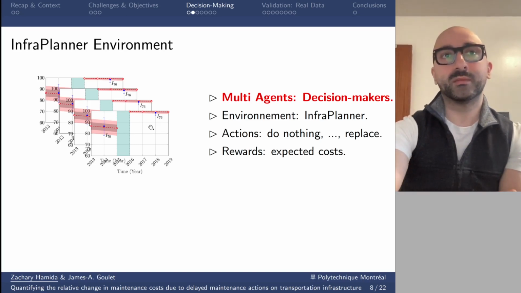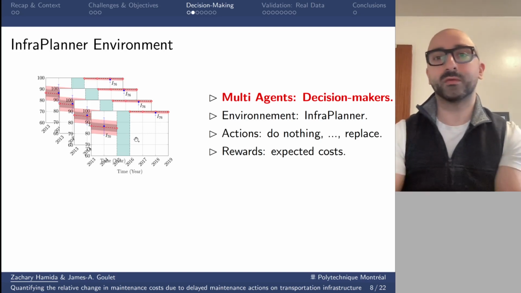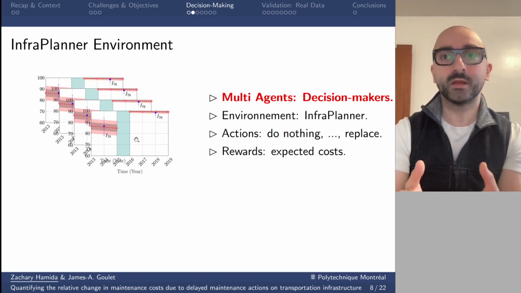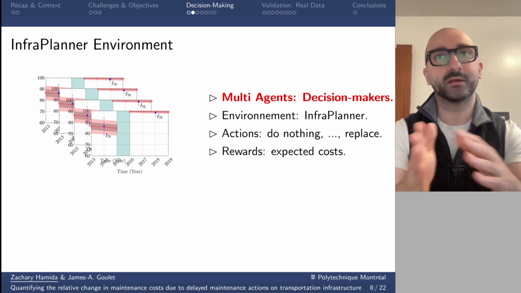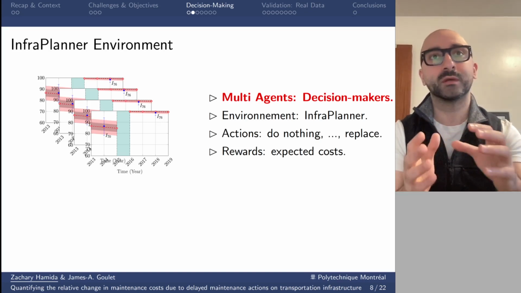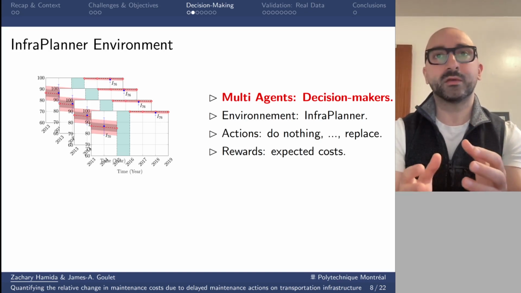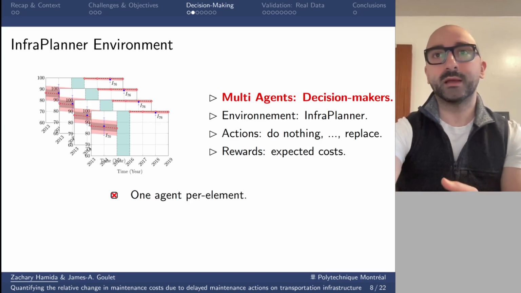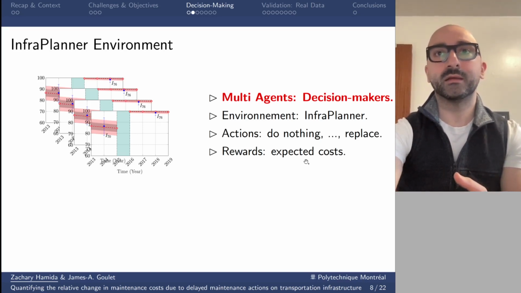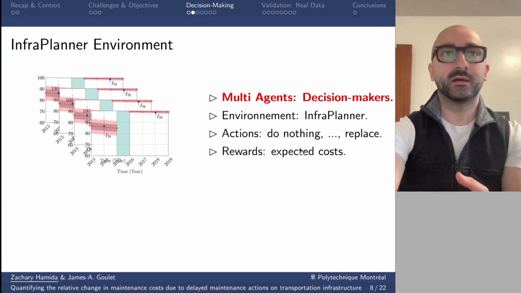And each element here would have its own set of actions. So the decision makers also need to learn how to cooperate in order to minimize the total expected discounted costs over time.